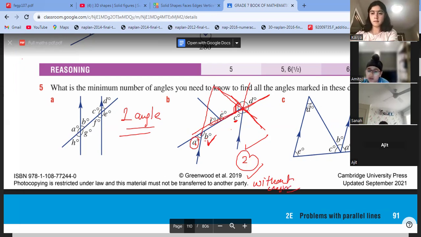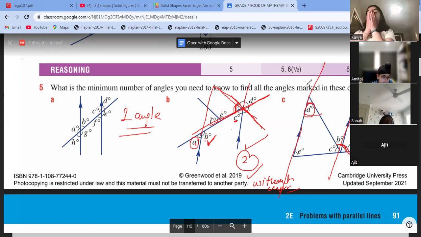Next, in this, how many angles are required if you want to find out all the angles? So in this, suppose you know angle D. Then can you find out angles B and A? You can find out the sum of it. Now, this line and these lines are parallel, and this is its transversal. This angle and this angle sum must be 180 degree.